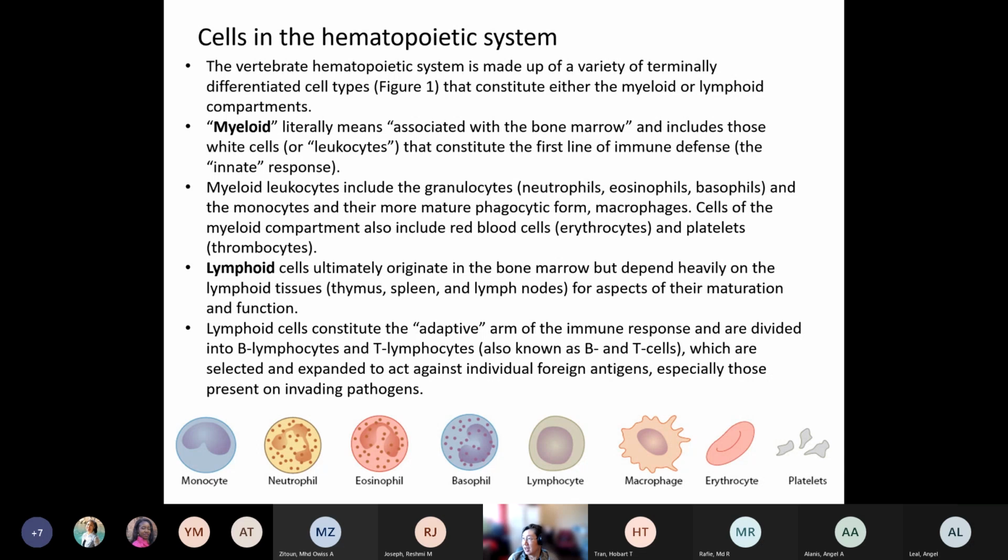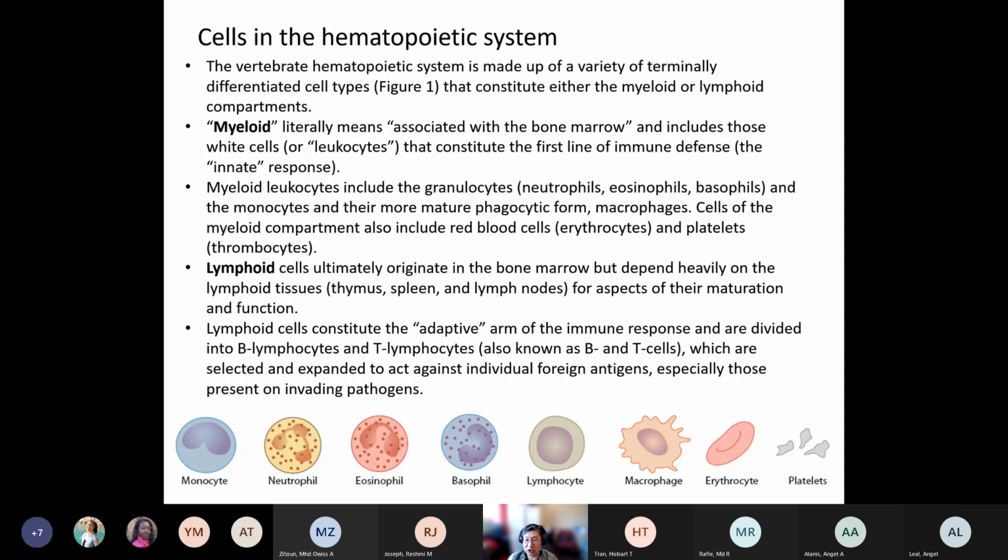Here, I just want to give you a brief overview of the cells in the hematopoietic system. So, we can classify the hematopoietic system into 2 major categories of cells. One is called myeloid, while the other is called lymphoid. So the myeloid, by the name, means something associated with bone marrow. So they are the first line of immune defense. So sometimes we refer to that as innate response.